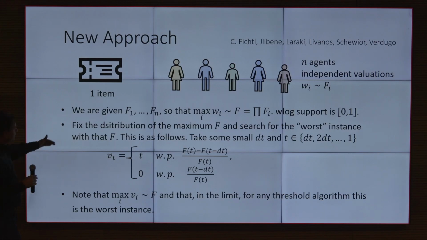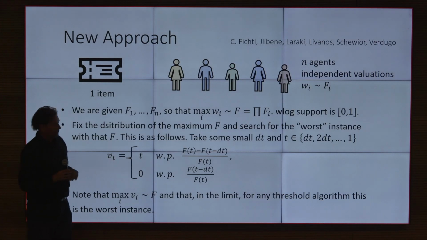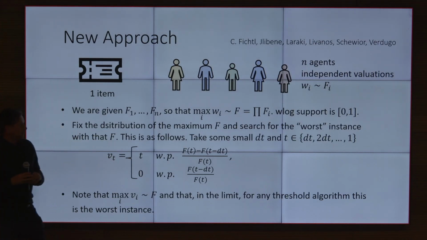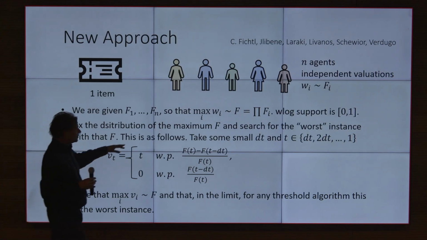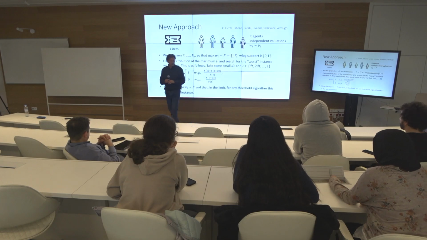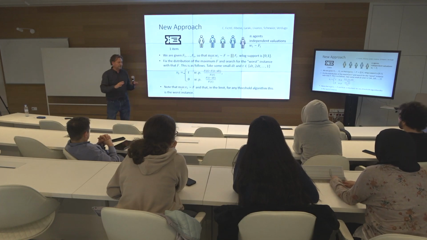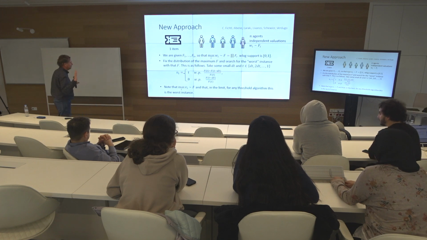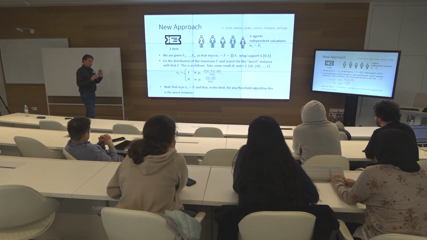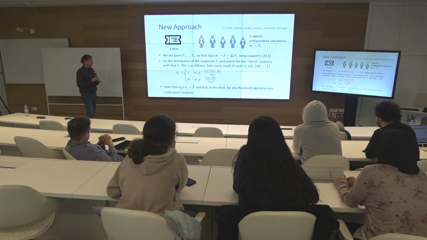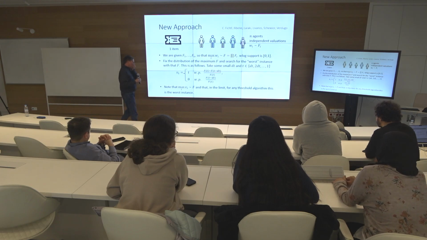So this is the worst instance for a given distribution of the maximum. Only for single threshold. Yes, only for single threshold. Okay, the worst instance for a given distribution of the maximum.